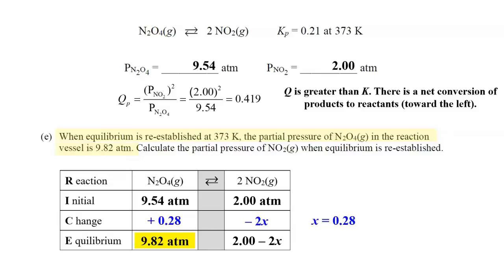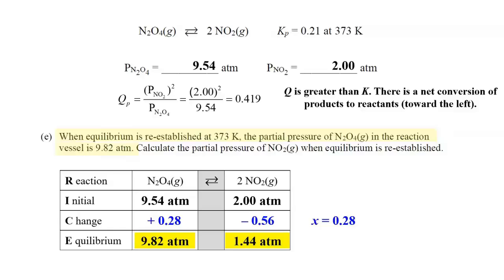And since X is 0.28, that means that 2X would be twice that value, so 0.56. The pressure of the NO2 has decreased from 2 minus 0.56 becomes 1.44. So we now know the partial pressure of the NO2 when equilibrium is reestablished.